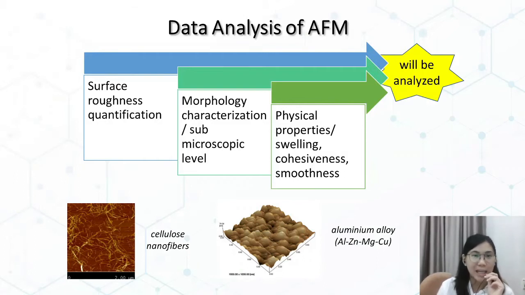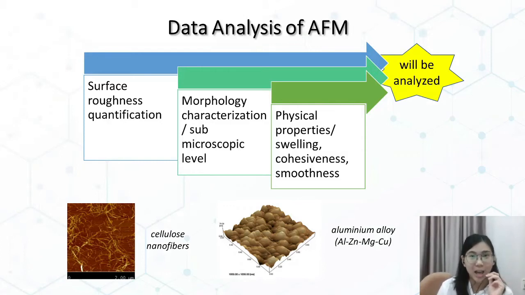First, it is capable of quantifying surface roughness of samples down to the angstrom scale. In addition to presenting a surface image, AFM analysis can also provide quantitative measurements of feature sizes, such as step heights and other dimensions.